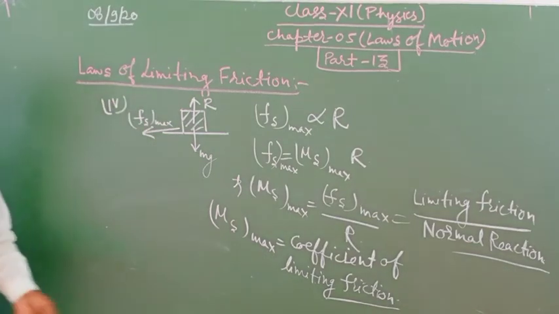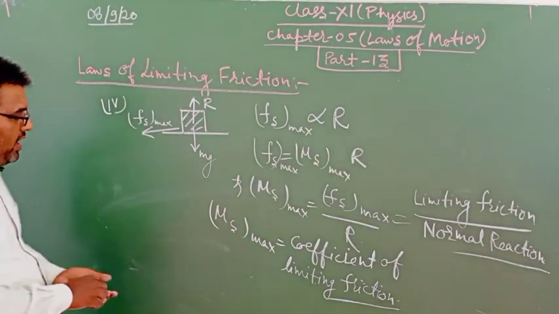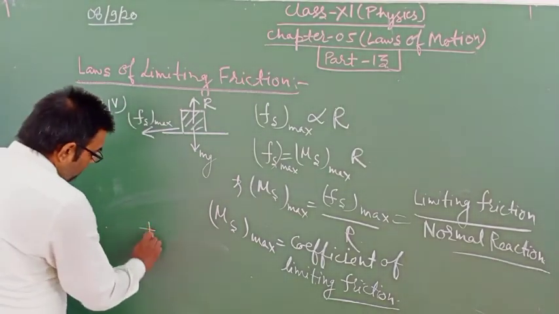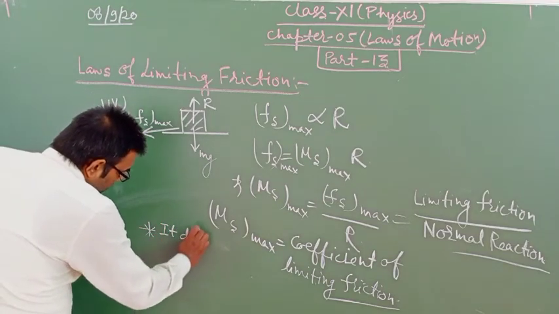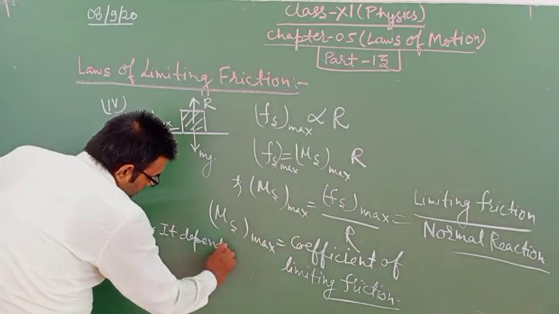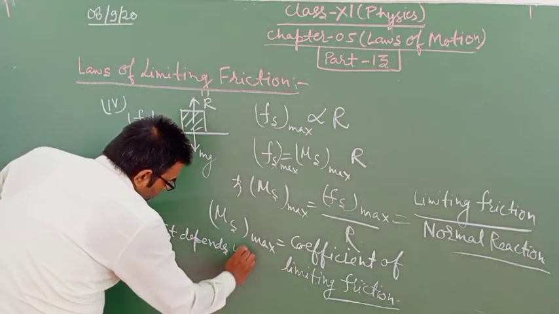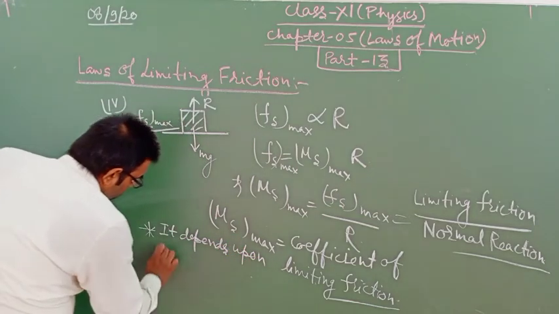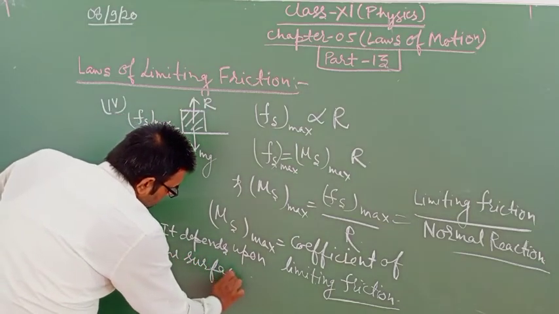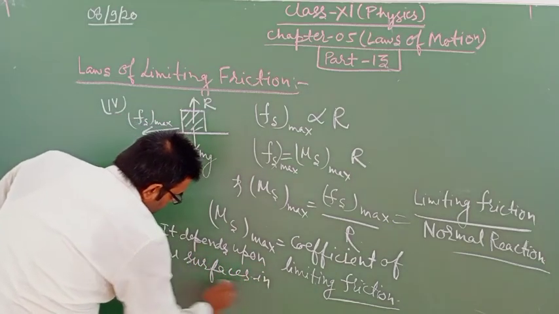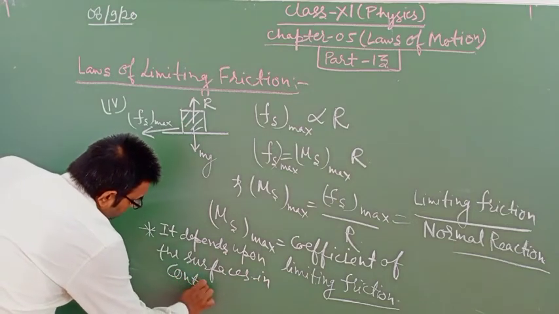So this is called the coefficient of limiting friction, and it depends upon the surfaces in contact.